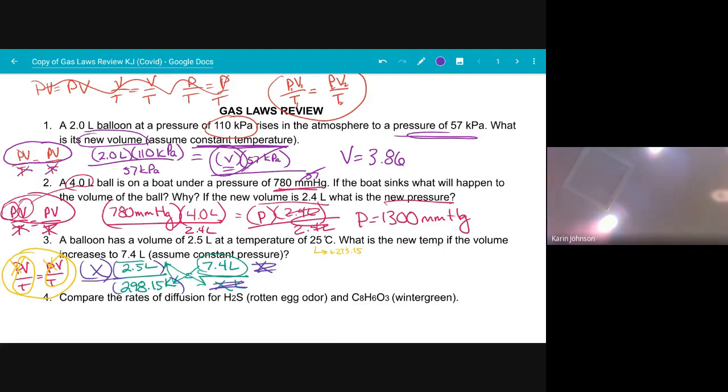I need to get rid of those. So to get rid of the 2.5, I'm going to divide by 2.5. That makes these go away, and so I have to put 2.5 on the bottom. And then I want to get rid of 298.15 here, so I need to multiply by 298.15 on the top, and that makes them go away.